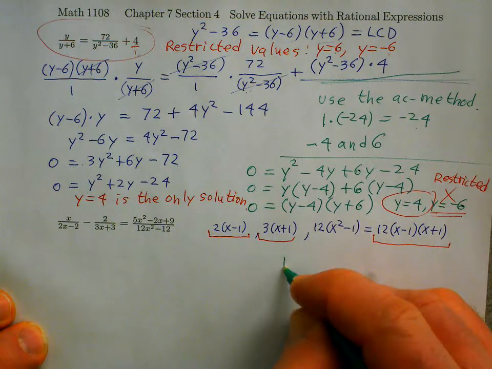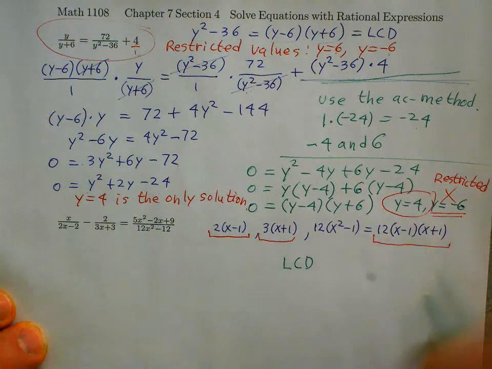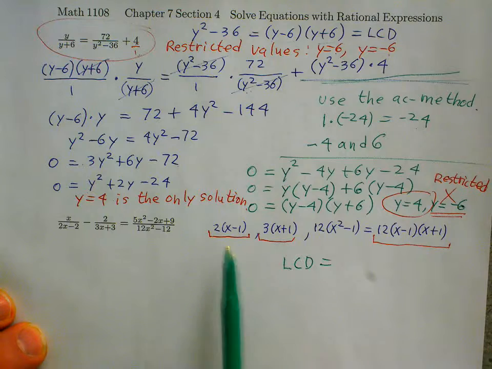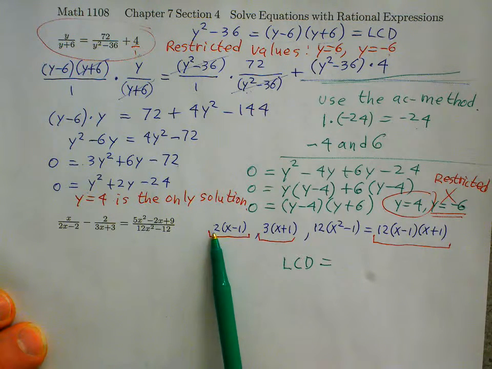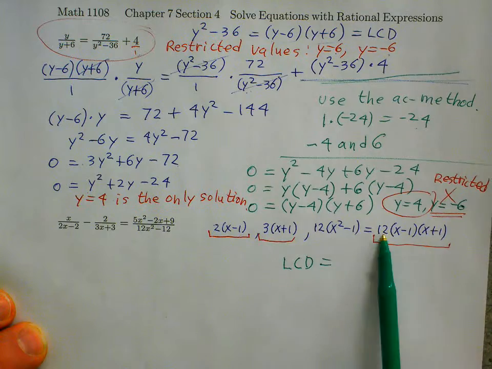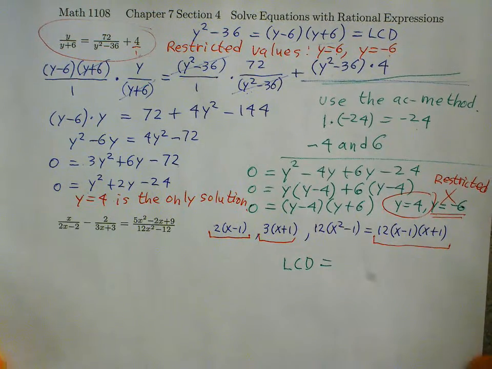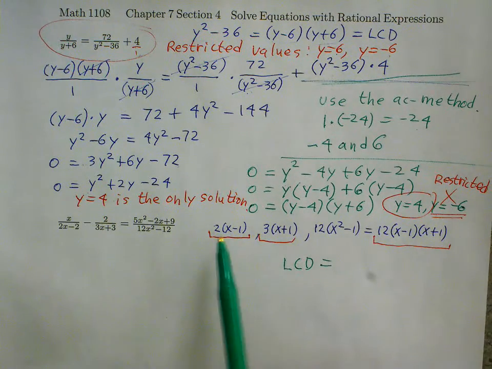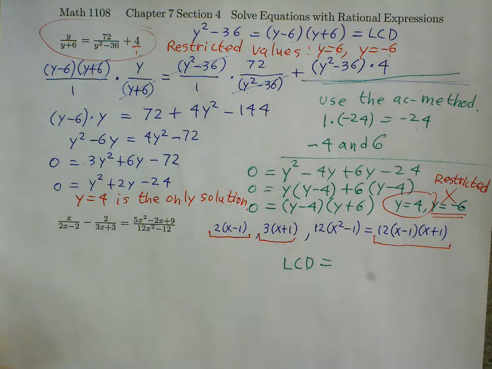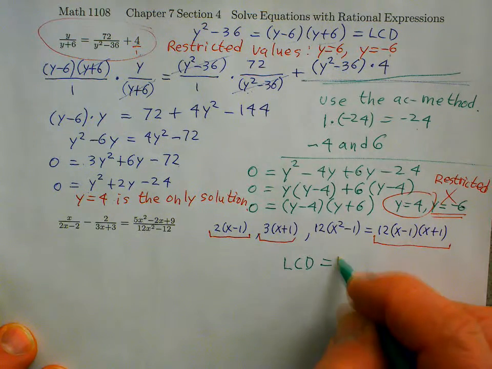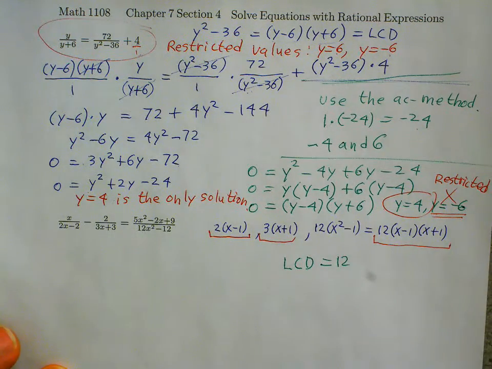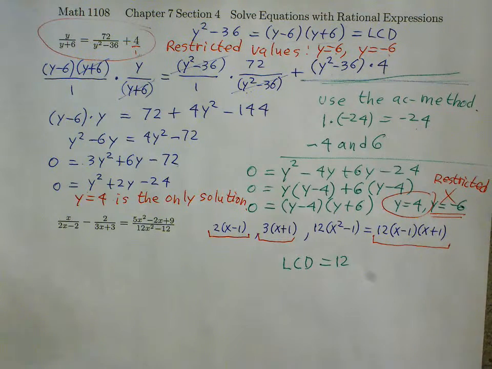So first look at the numerical factors of those denominators. The numerical factors are 2, 3, and 12. So the least common multiple of 2, 3, and 12 is 12. Then compare the binomial factors.